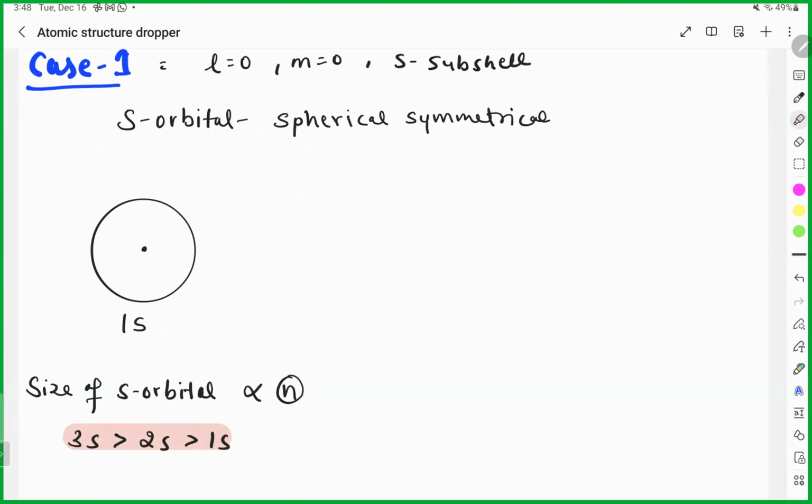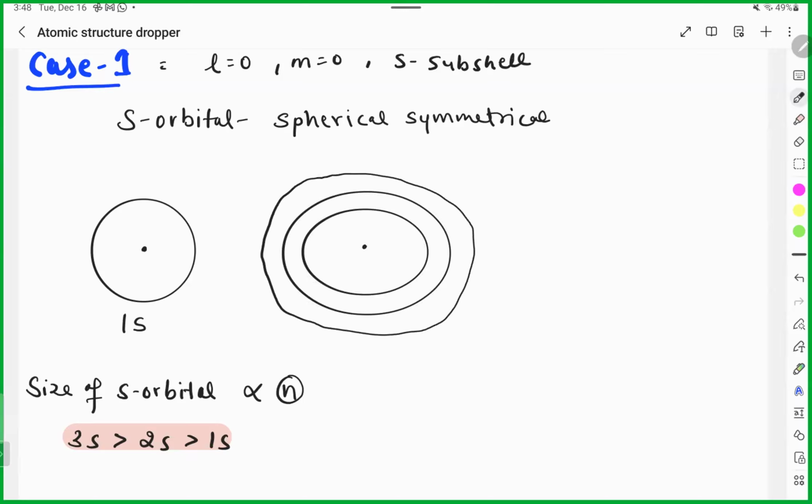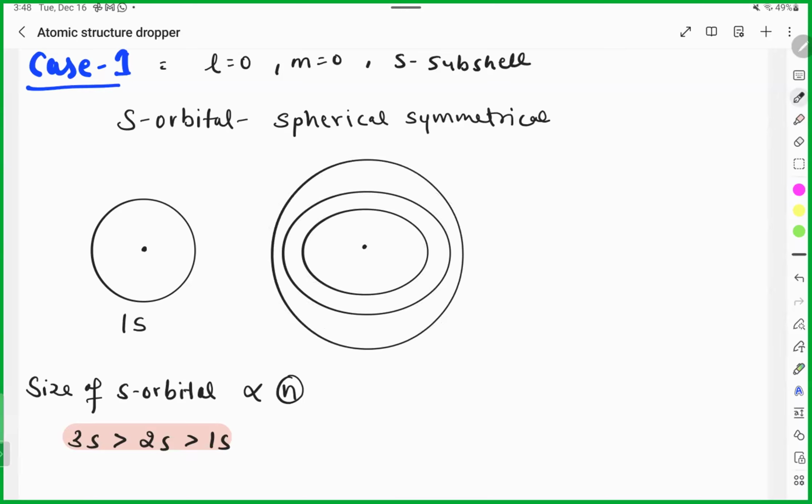Correct. So in this case, what will you see? You first make a normal 1s like this. This is 1s. This is the nucleus. Then there will be some space between this 1s and 2s where there is no probability of finding the electron, and again there will be some space.